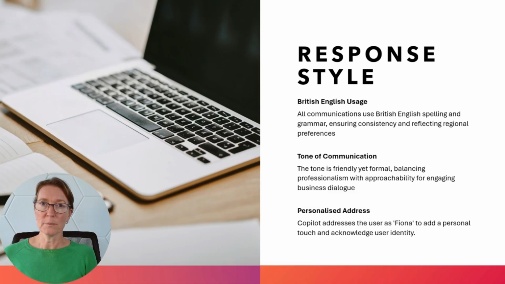For example, Copilot will always respond with US English. And as you can probably tell from my accent, I am from the UK. So I don't want American spelling in my responses. So I can ask Copilot to always use British English so that I don't have to keep editing the spelling, so that the spelling is going to match the region that I'm working in.